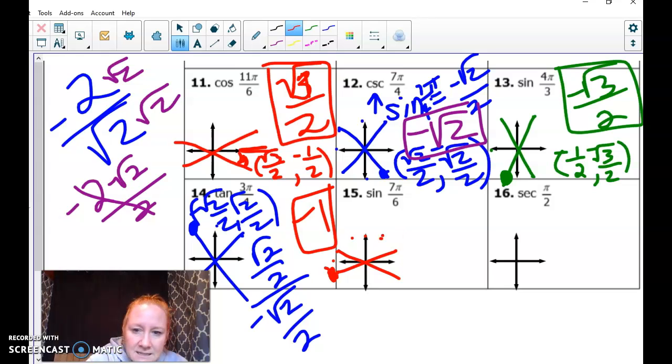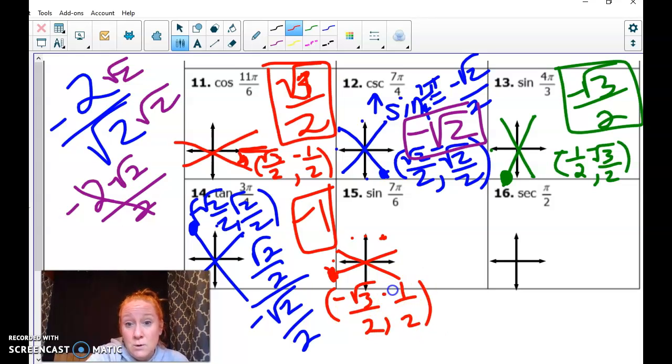Yeah, because this is 2 pi over 6, aka pi over 3. Okay, so over here, I know that point is going to be wider than it is tall, so negative root 3 over 2, 1/2. Oh, both are negative. Okay, and the sine is the y value, so up and down, negative 1/2.